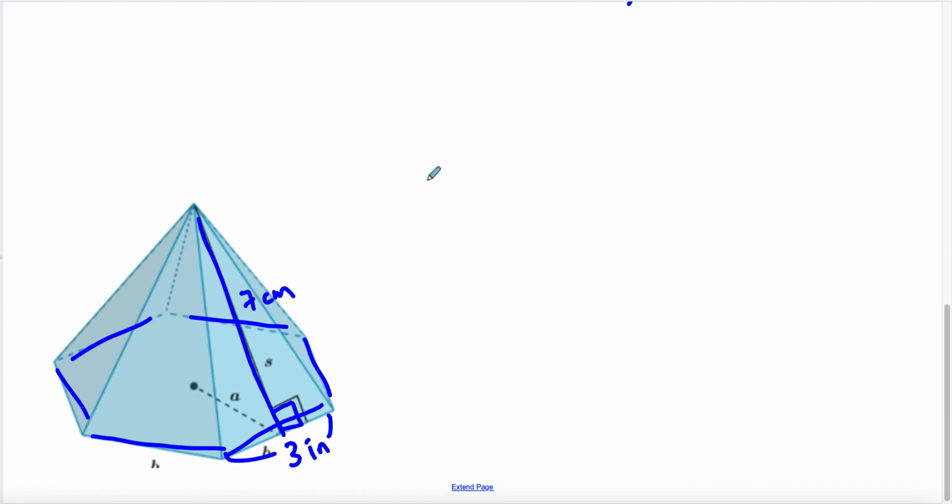Then what is the surface area of this regular right hexagonal pyramid?